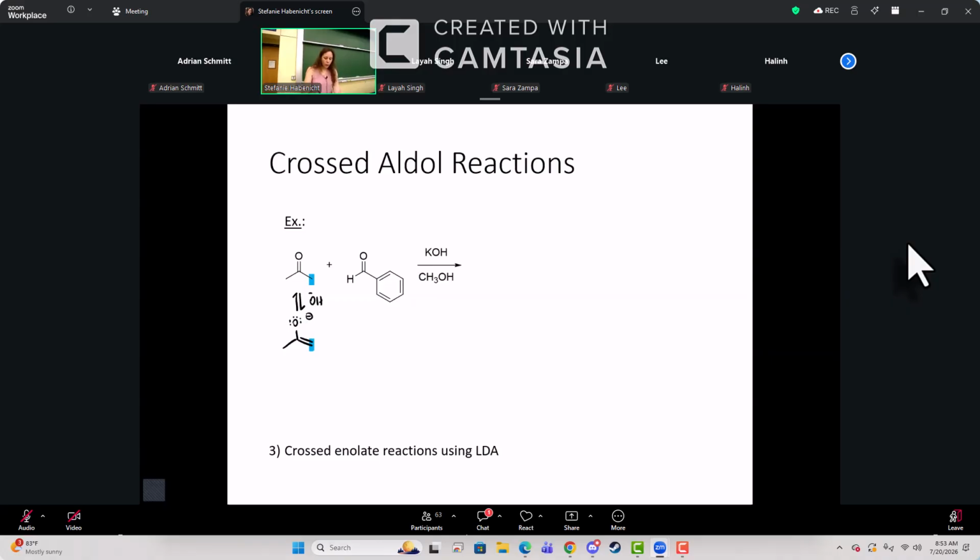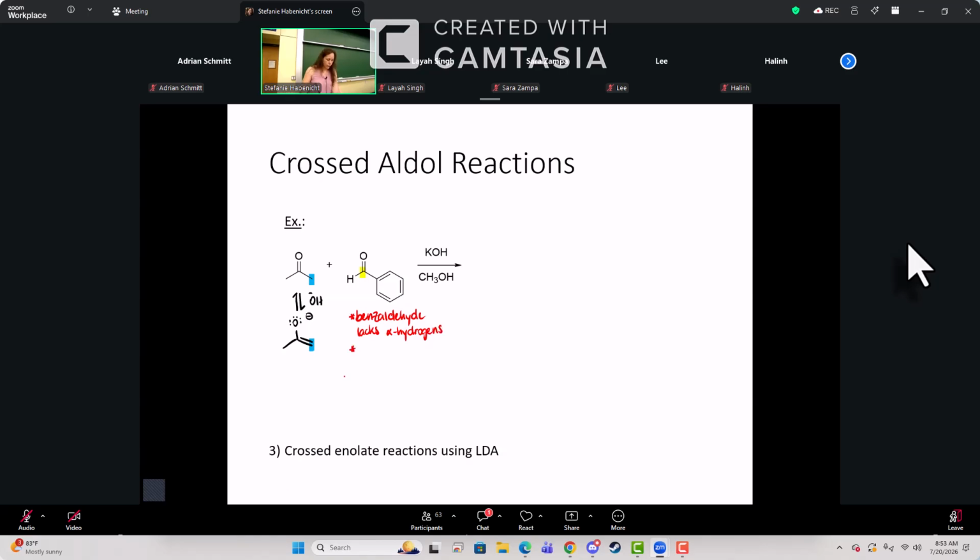Okay, so there's our nucleophile, the enolate anion. Benzaldehyde will be our electrophile. Why will benzaldehyde be our electrophile? 2 reasons. Number 1, benzaldehyde lacks alpha hydrogens, so it's not like it could form a nucleophile. It's not like it could form an enolate anion.